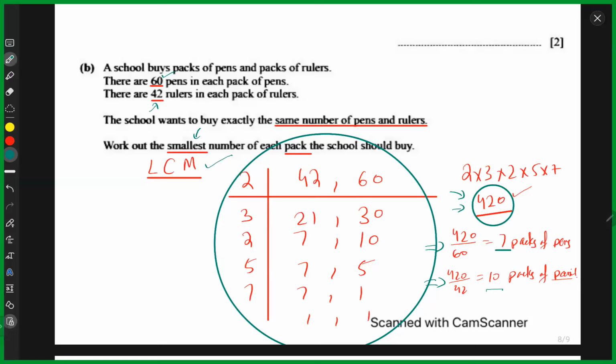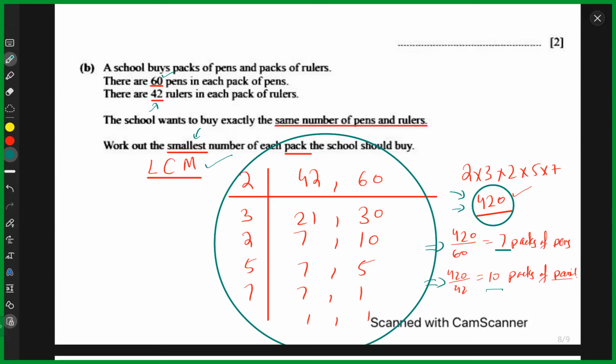This is what I told Kabir in the very first class, that the examiner is never going, yes, he can certainly say find the LCM or HCF, but most of the times he would be using some alternate wordings, which you guys need to understand. If it's least, lowest, smallest, it would be the LCM. And if it is greatest, biggest, or highest, it would be the highest common factor, right?